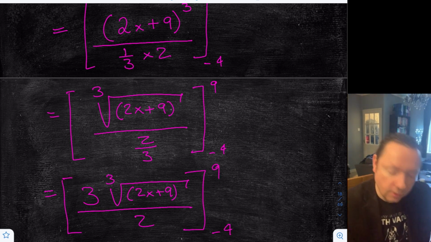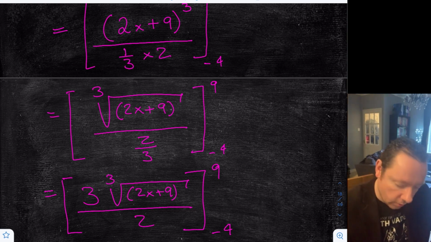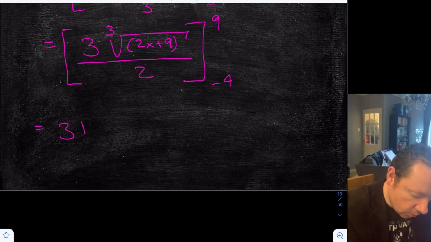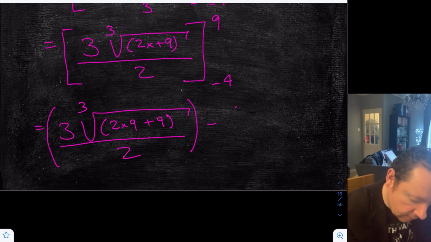And now I'm ready to substitute my numbers in. So substitute 9 in, take away, substitute -4 in. So subbing in my numbers, get 3 times the cube root of 2 times 9 plus 9 all over 2. I'll just put that in big brackets. Minus 3 times the cube root of 2 times -4 plus 9.